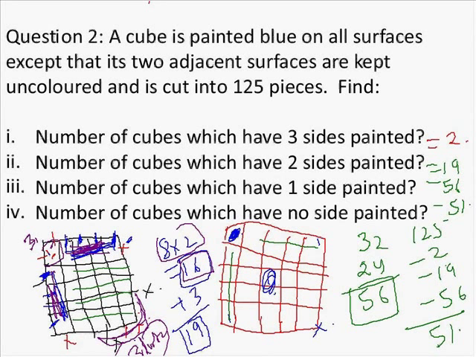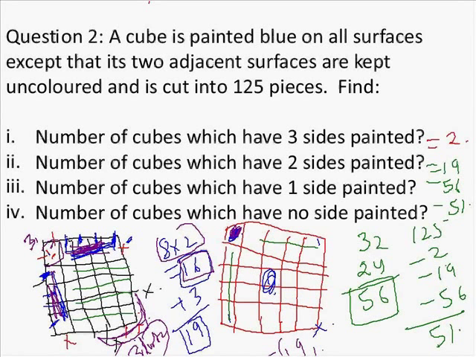After that, what happens? There are 5 slices of 25 each. In between slice, corner was painted two sides. So there are three corners. So 16 plus 3 is equal to 19. This is how we calculated two sides painted. Okay.